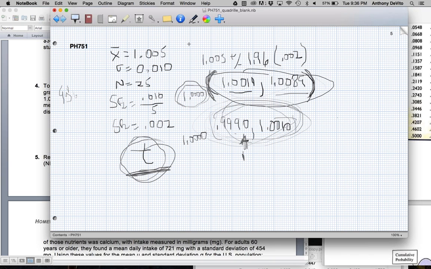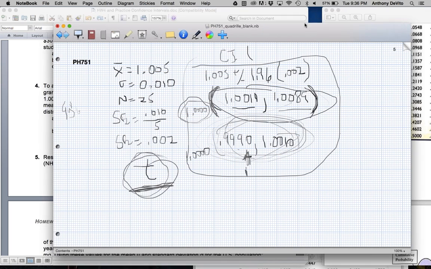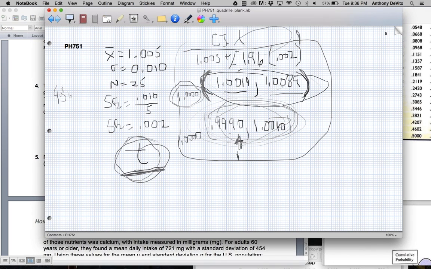But in general, statisticians don't like to use the confidence interval in this manner. The real purpose of the confidence interval is to tell you the range within which you can expect the true population mean to be, not to compare it to other confidence intervals or other values.